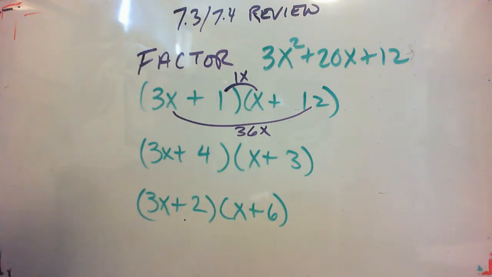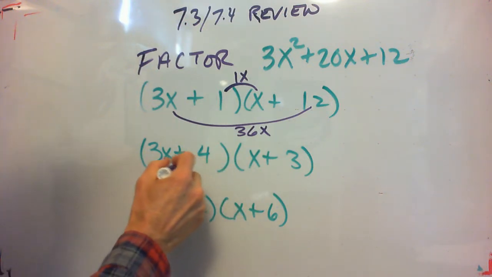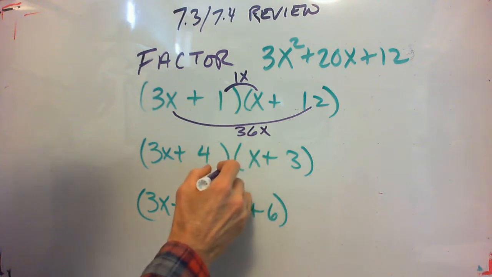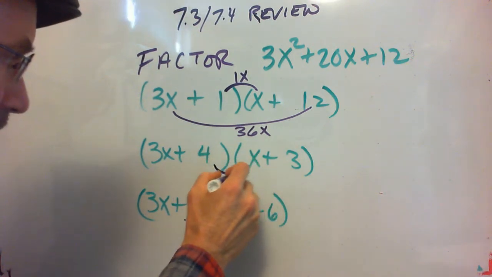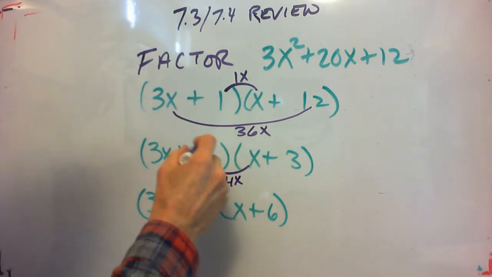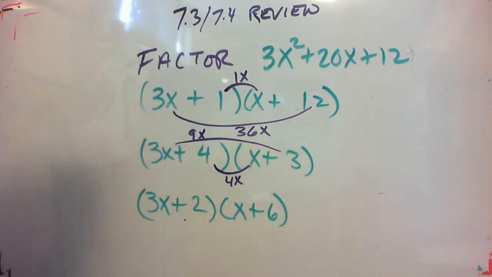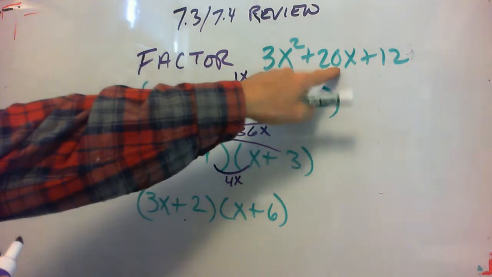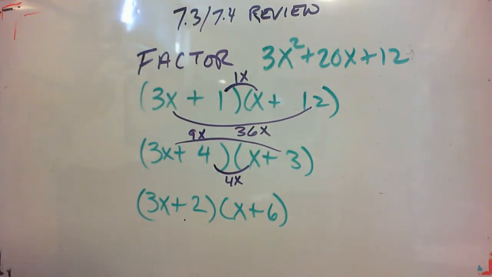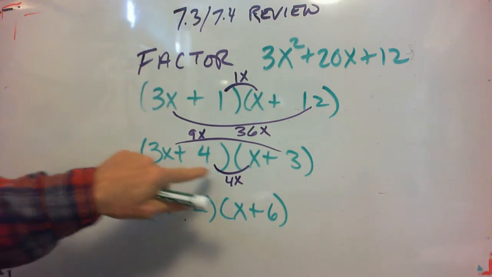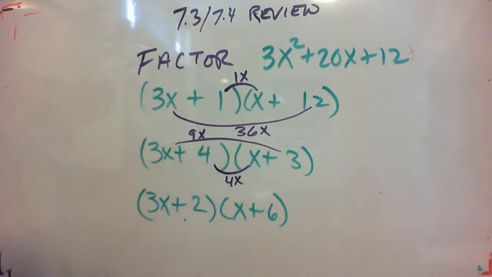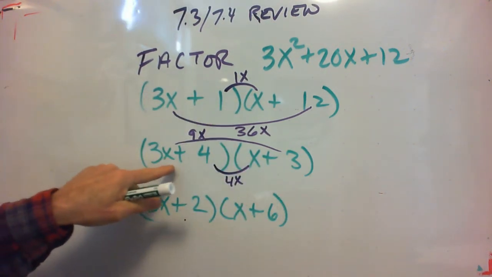It cannot work. Okay, next possibility, 3x plus 4 times x plus 3. 4 times x will give you 4x. Then 3x times 3 gives you 9x, which would make 13 x's. Okay, that doesn't work.